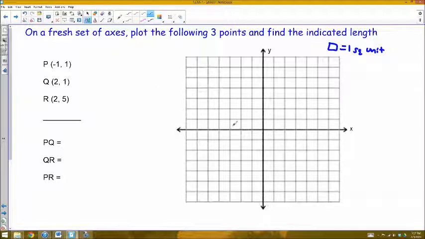So my first point P is back 1 unit in the x and up 1 unit in the y, which will put me there. My point Q is right 2 units and up 1 unit. And my point R is right 2 units and up 5 units.